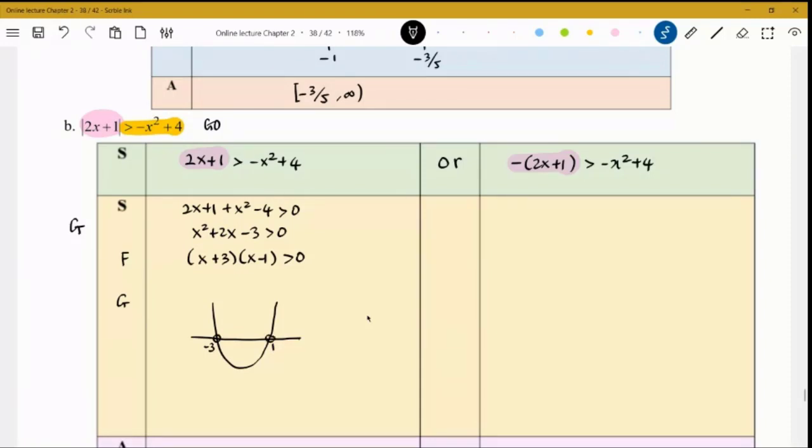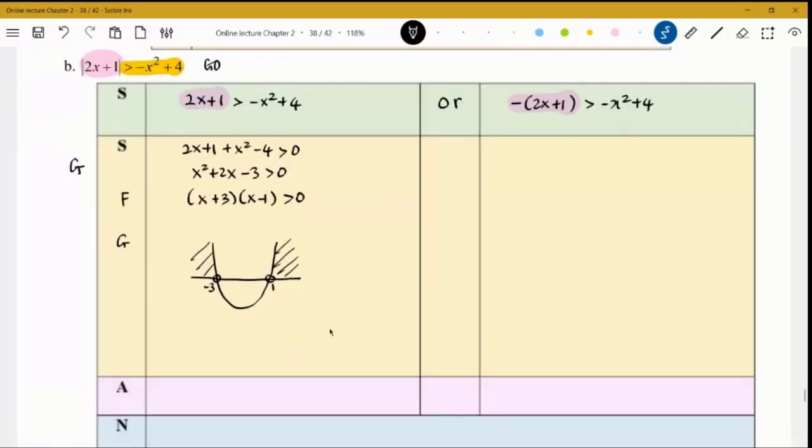So it's more than 0, it should be taking the upper part. So jawapan akhir pada bahagian ini adalah negative infinity to negative 3 open bracket union 1 to positive infinity. Okay, so that one untuk first case.